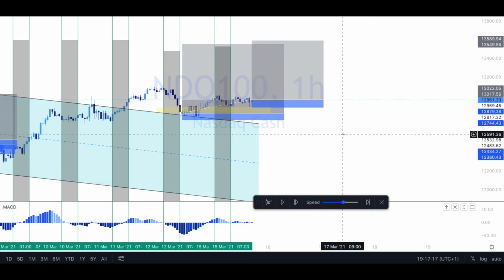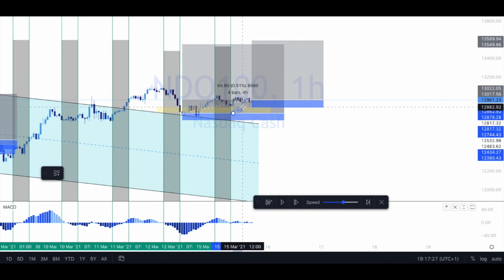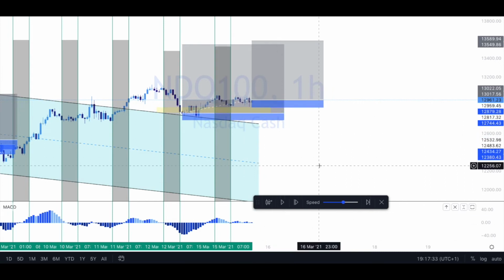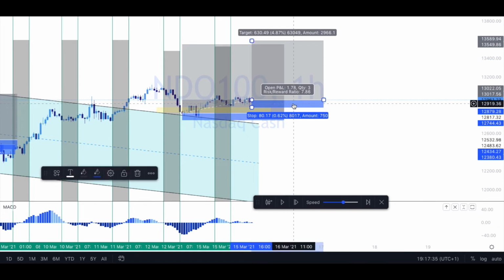So if we get closed out, we're either breaking even. So let me just do the measurements as to what's the size. So this is 65 pips over here. So which basically means that this stop is 80 pips.